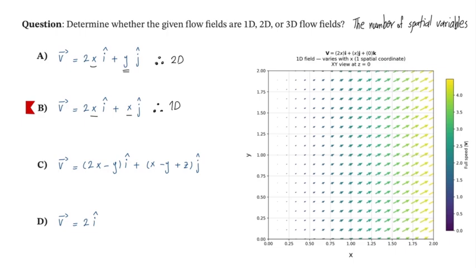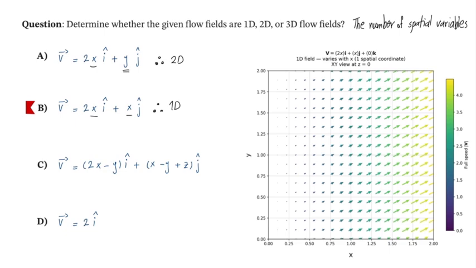However, you should notice that if we take a constant x, let's say 1.25, and observe what happens as we change y, we see that the arrows are actually constant. For example, here. So this means that this flow field does not depend on y. So, as mentioned, this is a one-dimensional flow field.